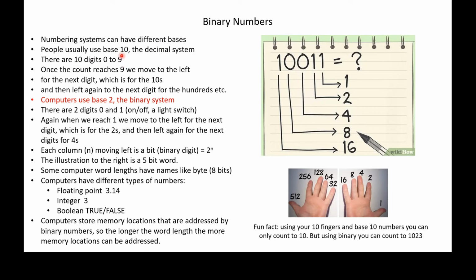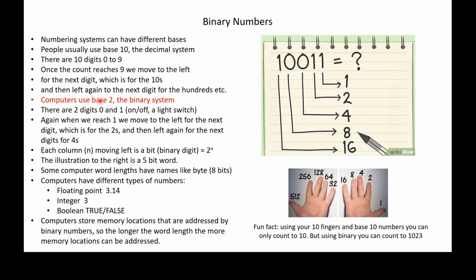And then when we go past 9, we have to move to the left, and so the next digit is the tens, the number of tens. And when we reach 99 there, we have to move to the next digit for the hundreds. That is the way that our numbering system works.